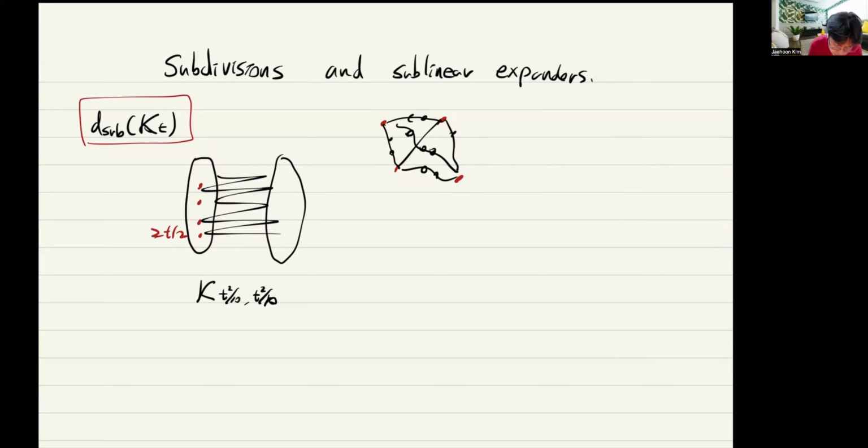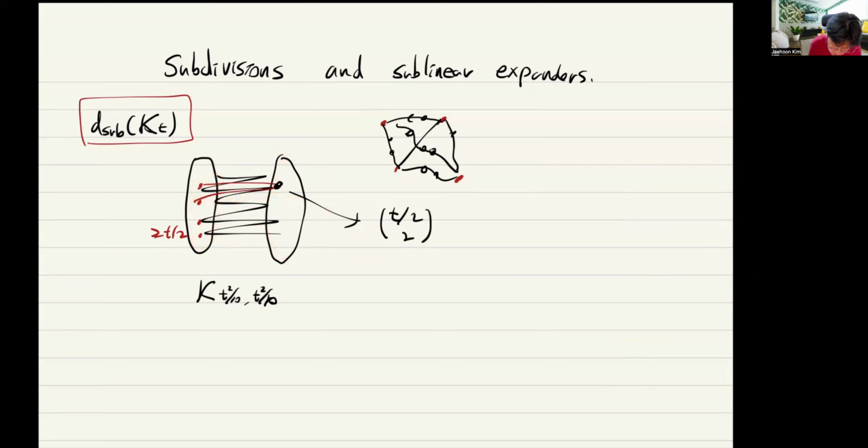That means there are paths between each pair of them. Because this is an independent set, each path has to go through the other part, giving at least one vertex here participating in such a path, because they are vertex disjoint. That yields T over 2 choose 2 many paths between here, and each of them uses at least one vertex from here.